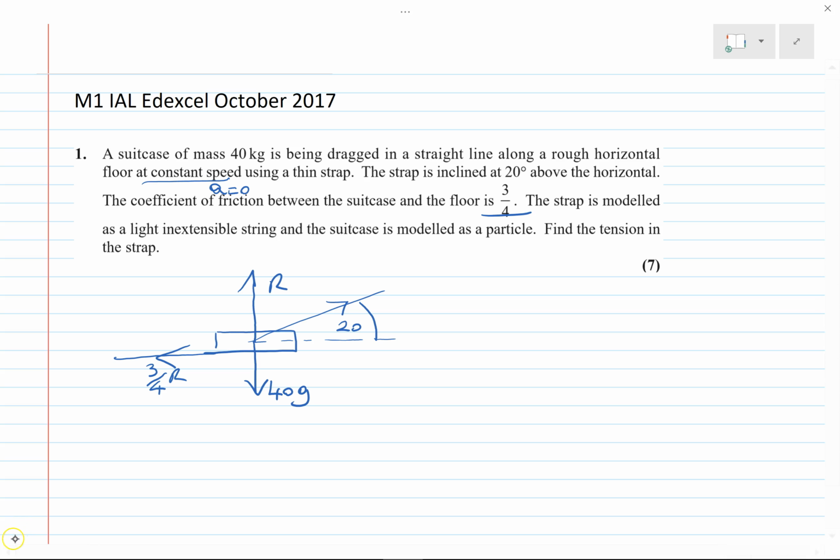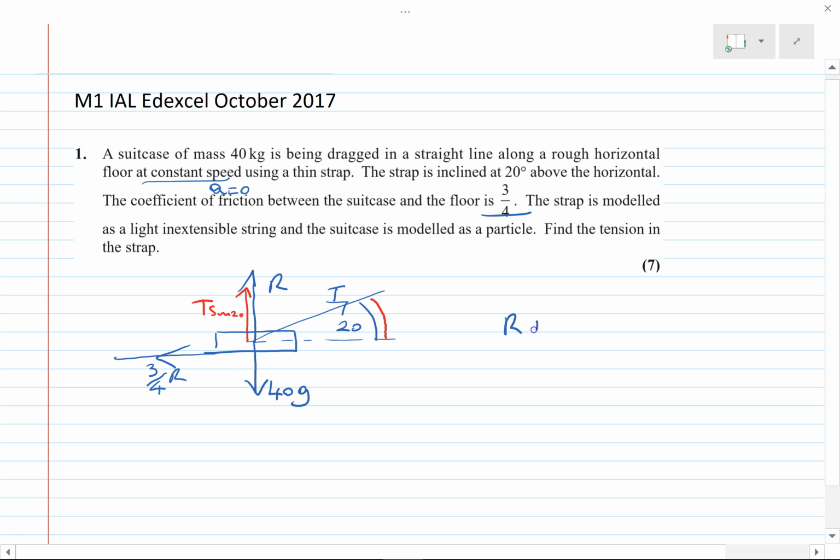Okay, so we're going to resolve vertically. So we've got the R going upwards. We've got the component of the tension going upwards, and that's going to be T sine 20, because the angle 20 is away from, it's not next to the marked angle there, so it's T sine 20.